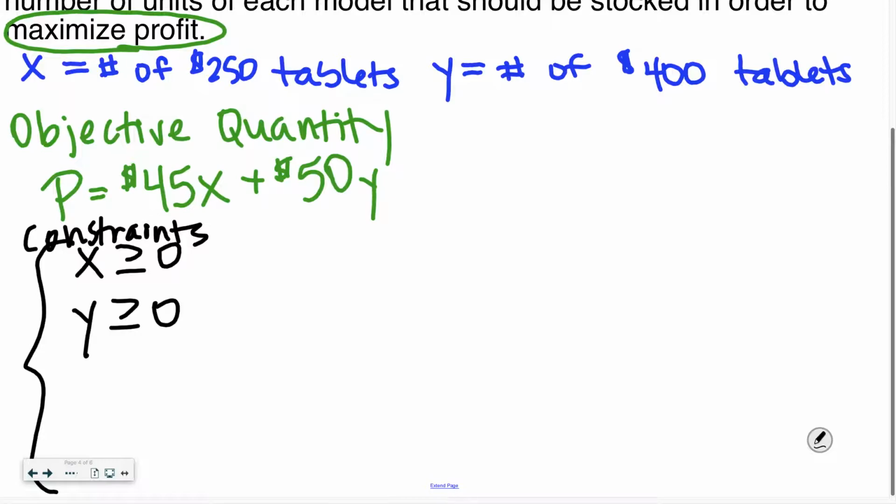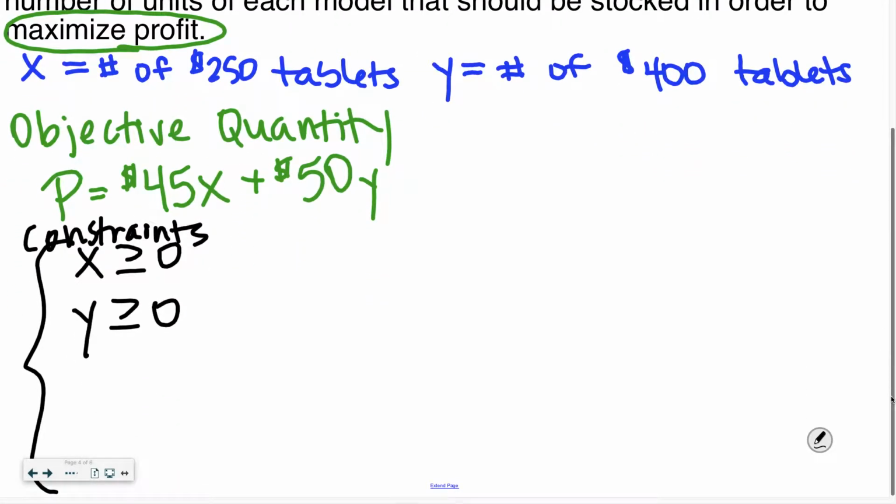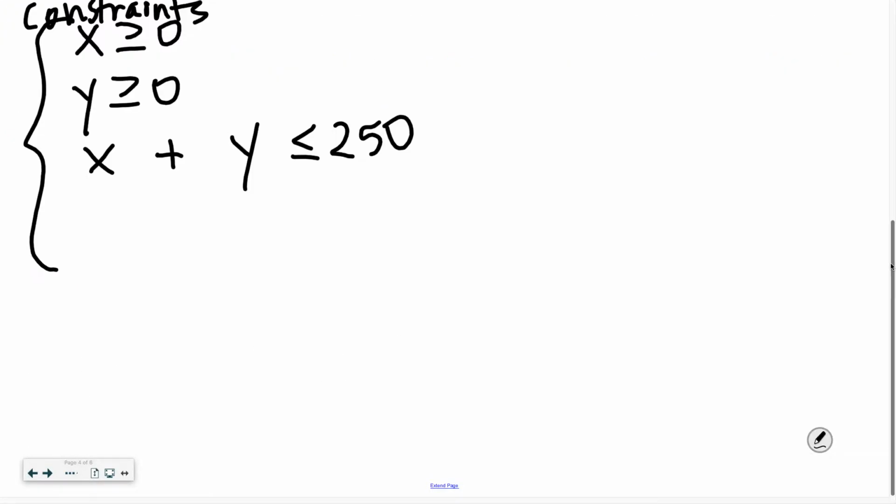It says something about the total monthly demand will not exceed 250. Does that mean less than or equal to? Well, it means less than or equal to 250. What should be on this side? Number of tablets plus number of tablets should be less than or equal to their demand of 250.